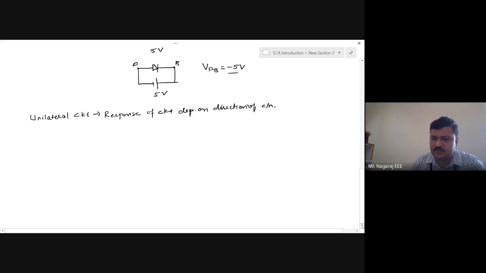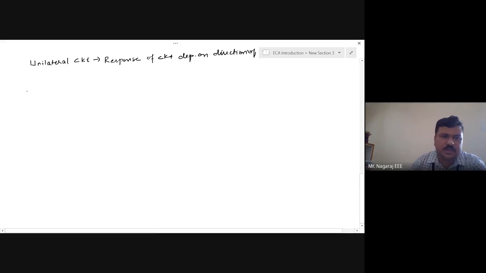Next type of circuit or next definition is active circuit. Okay. Active circuit is one which contains active components.